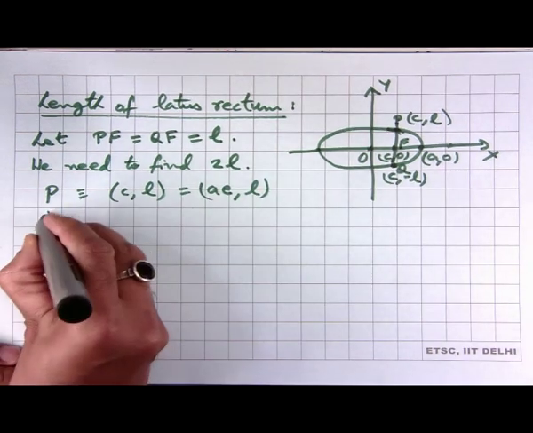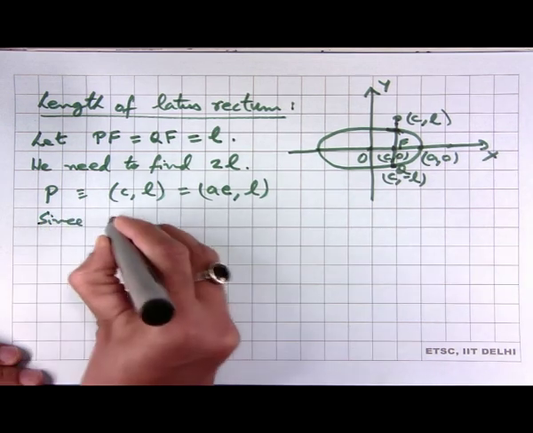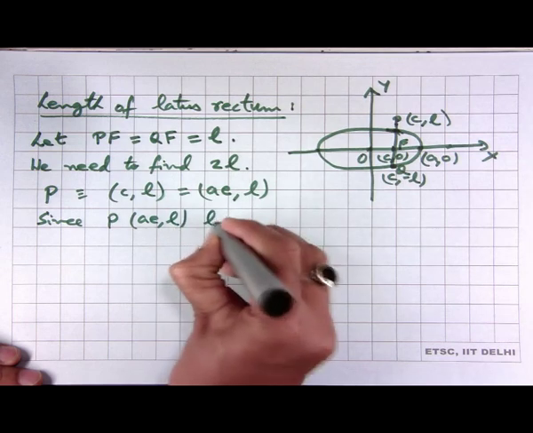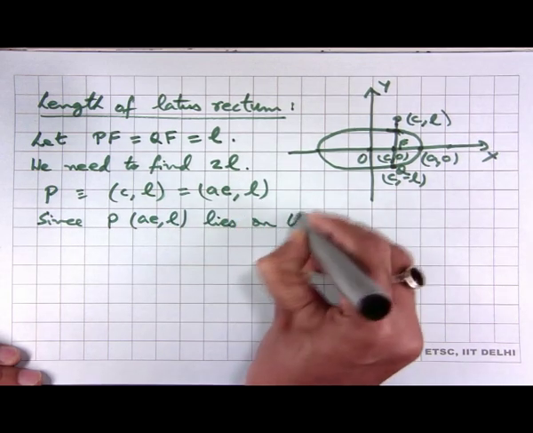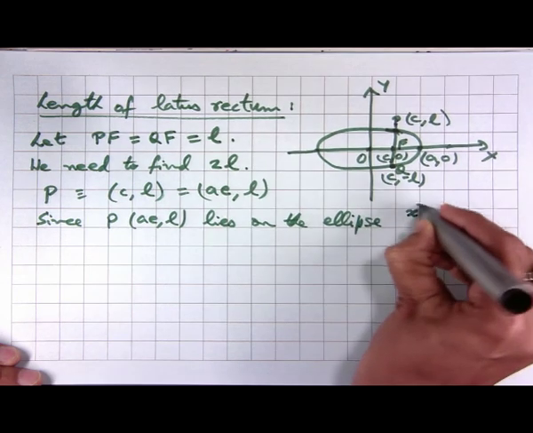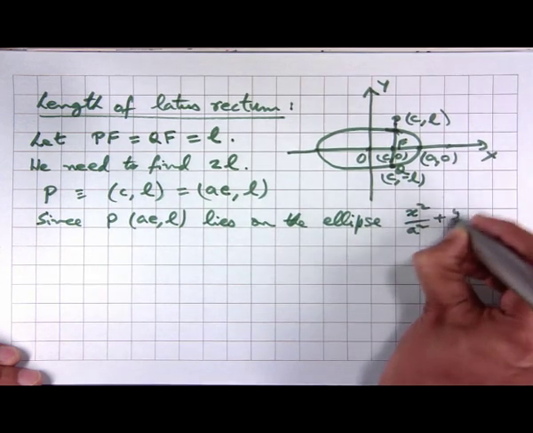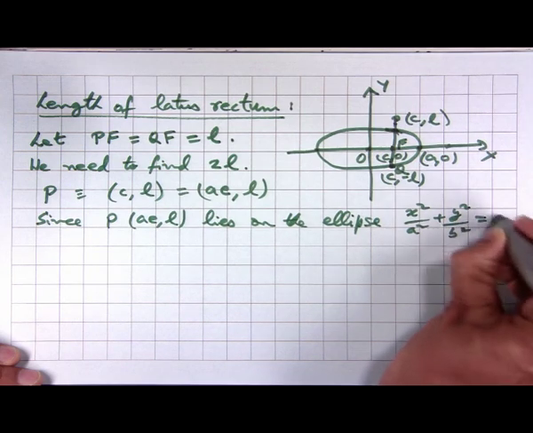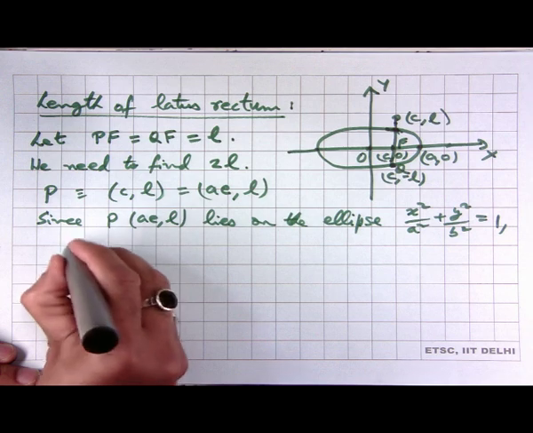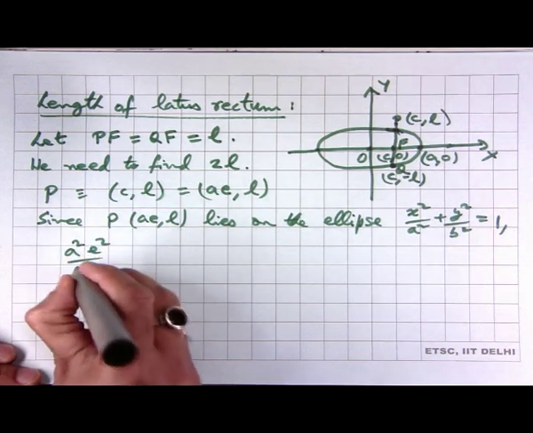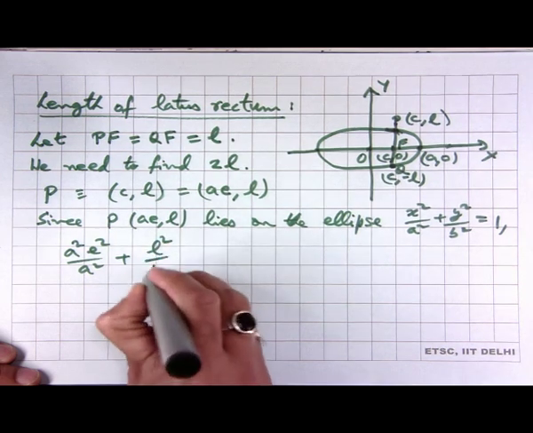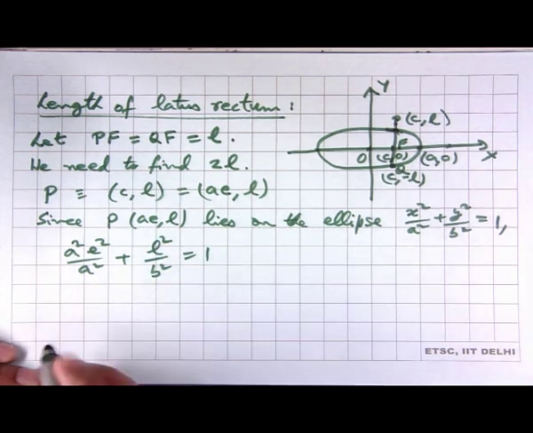Since P lies on the ellipse x square by a square plus y square by b square equal to 1, we get a square e square by a square plus l square by b square equal to 1.